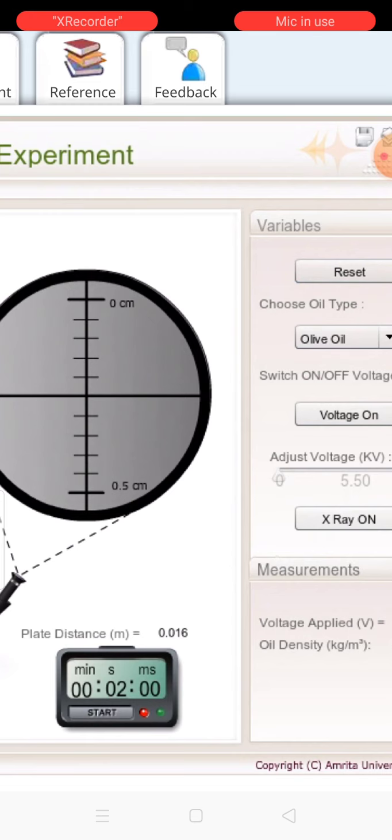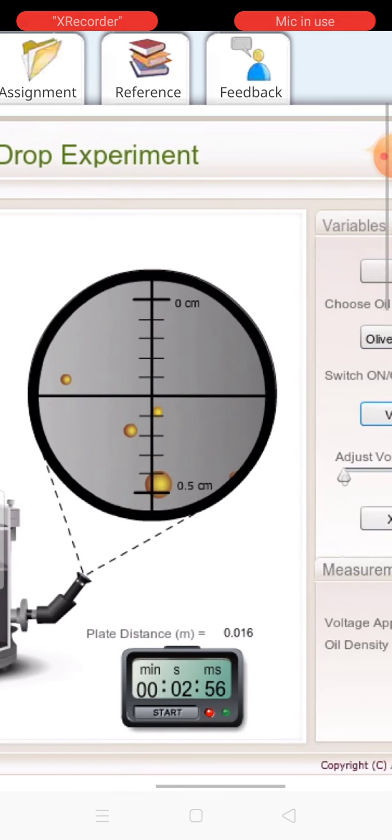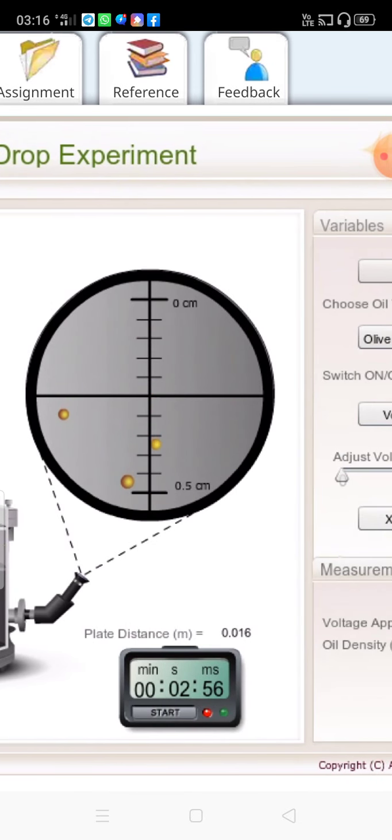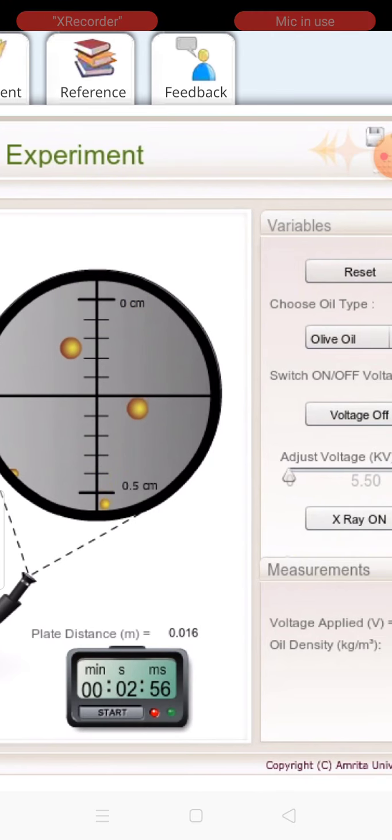Then again start, ball started, then stop 2.56. So you see, then you use the voltage on, then again stop the clock. Then what will happen? It's coming, then start the clock, and when it reaches, then stop it.